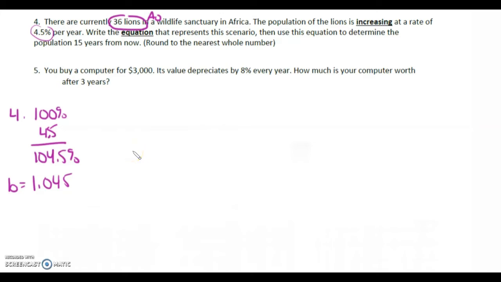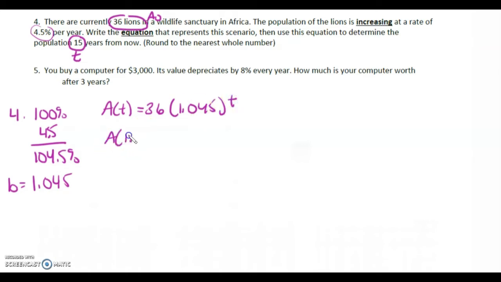Write an equation that represents the scenario, then use the equation to determine the population 15 years from now. This is the time. For population, we're going to round to the nearest whole number. So the amount at time t equals 36, which is our start, times 1.045 to the exponent t.